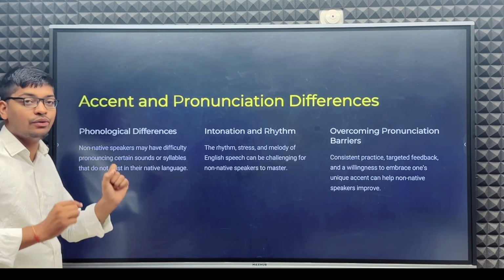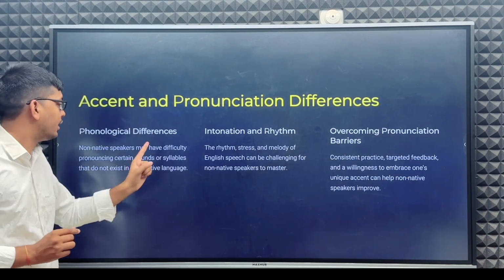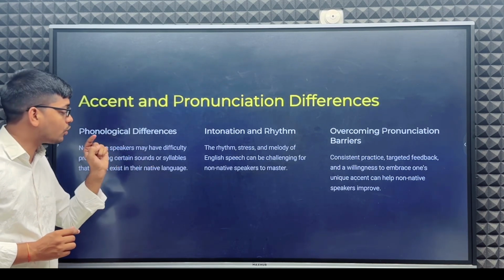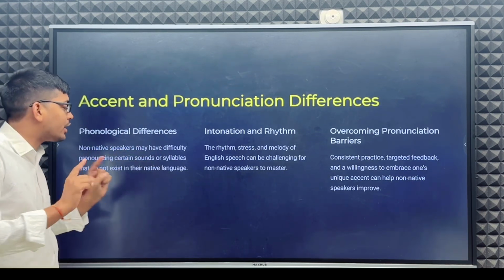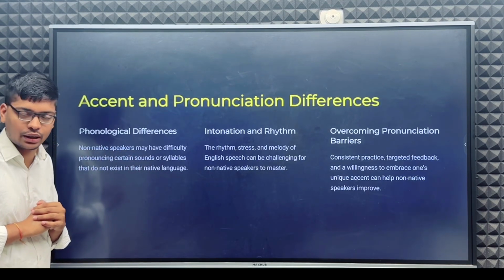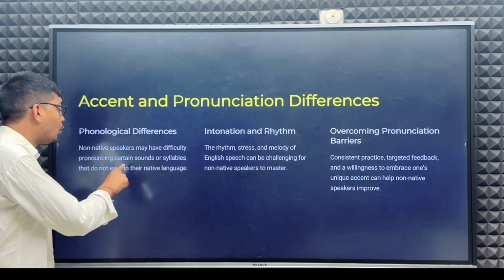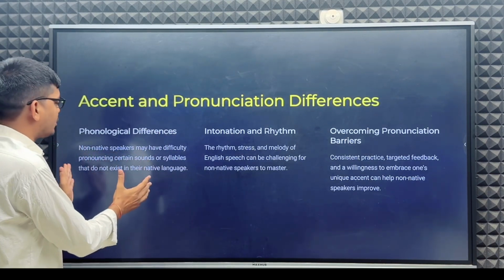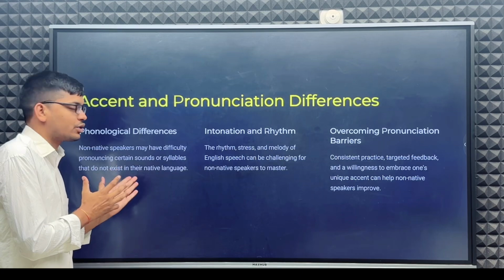Non-native speakers may have difficulty pronouncing certain sounds or syllables that do not exist in their native language. So this is the first difference, the phonological difference.